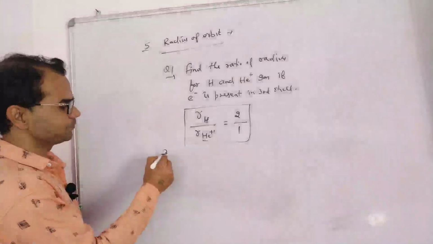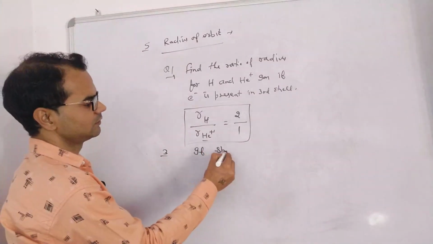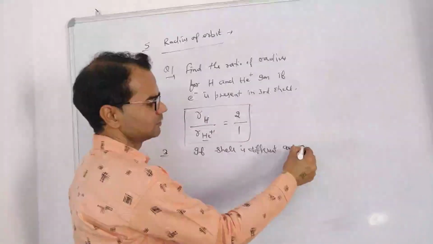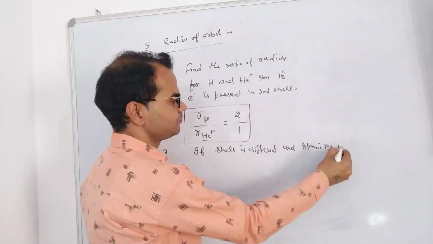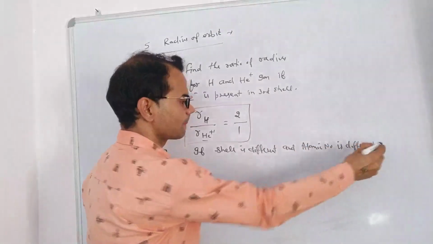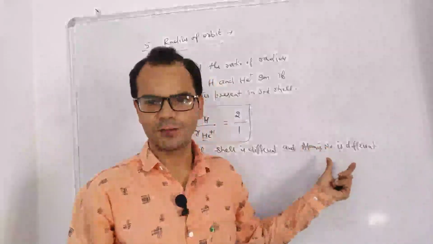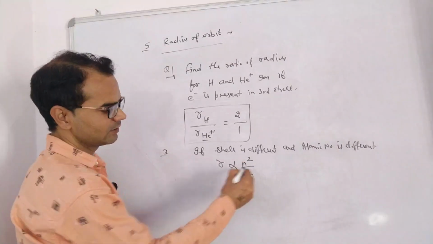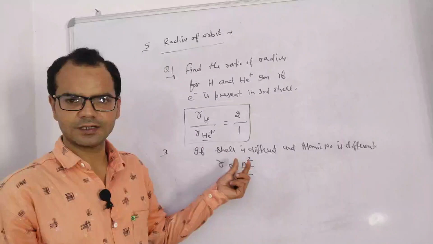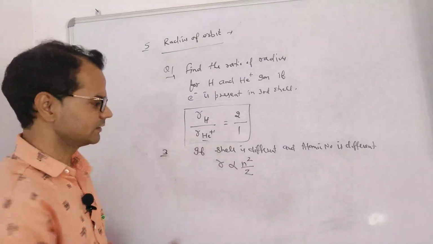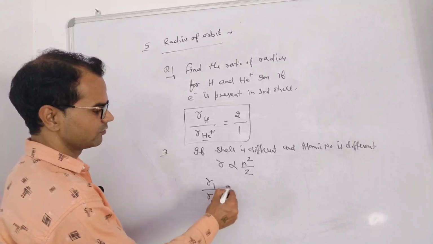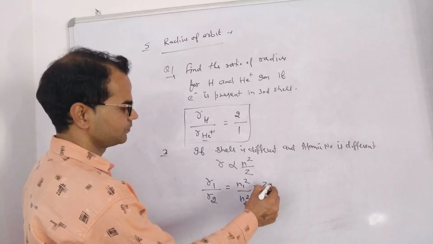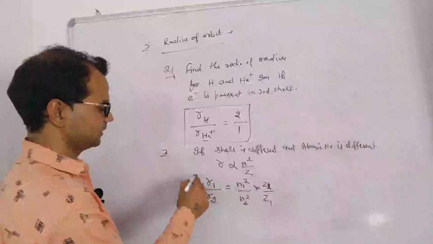Third condition can be, if the shell is different and atomic number is different, then radius is directly proportional to n square and inversely proportional to Z. So for two conditions, r1 by r2 equal to n1 square by n2 square into Z2 by Z1.